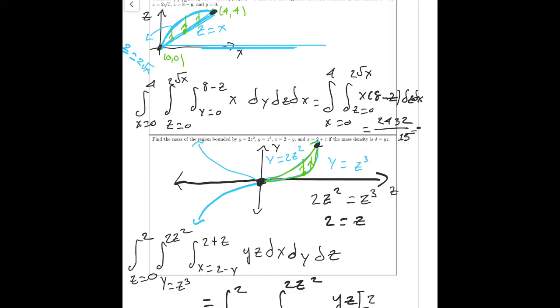So this is z plus y dy dz. And I will let you do this at home. This is 21,760 divided by 693.